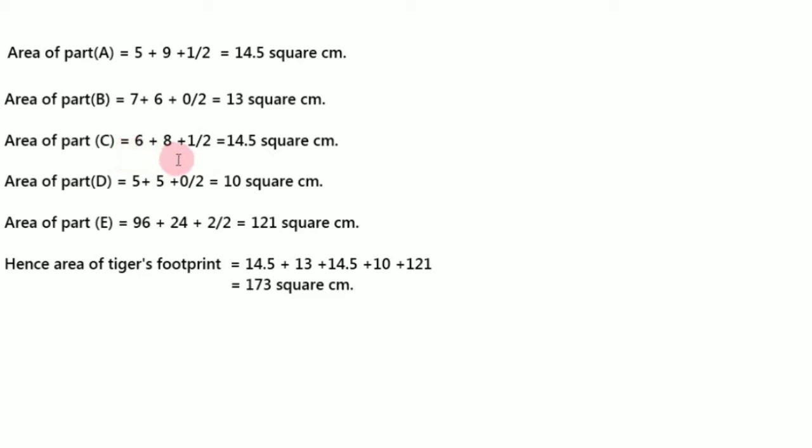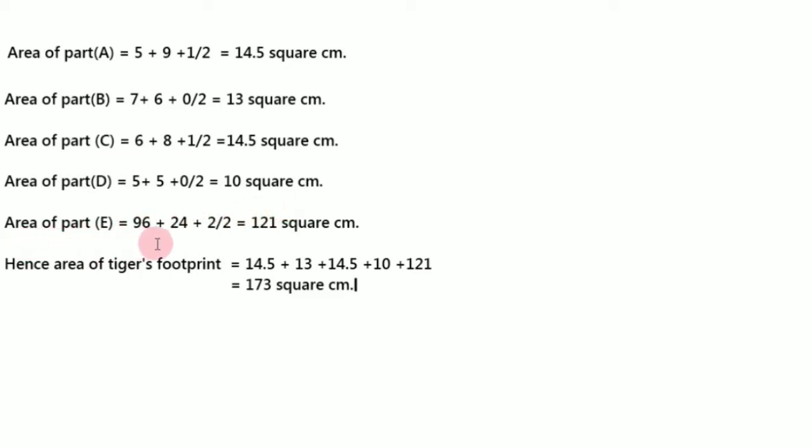So 6 plus 8, 14, plus 0.5 is equal to 14.5 square centimeter. Then the area of part D, 5 complete squares, 5 more than half filled squares, and 0 half filled squares. So 5 plus 5 is equal to 10 square centimeter.